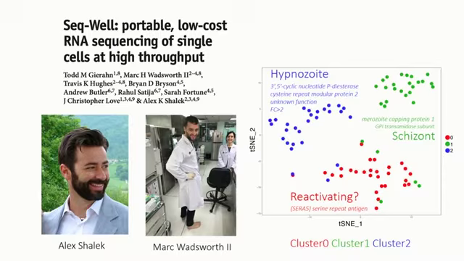Based on our bulk transcriptome data, cluster 1 and cluster 2, the ones in green and in blue, correspond to the schizont and hypnozoite stages. And then we think that we found another cluster, cluster 0, which we think are the reactivating hypnozoites, as these clusters share genes found in both hypnozoites and schizonts.